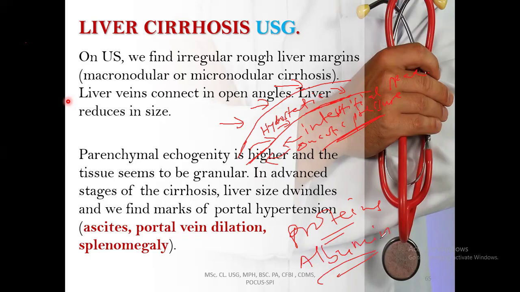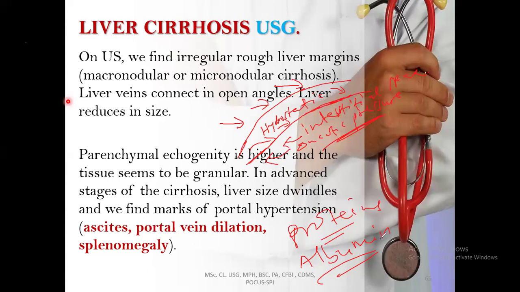Once the liver fails to produce albumin, the protein level will drop. If protein levels drop, oncotic pressure will drop, because proteins exert oncotic pressure.